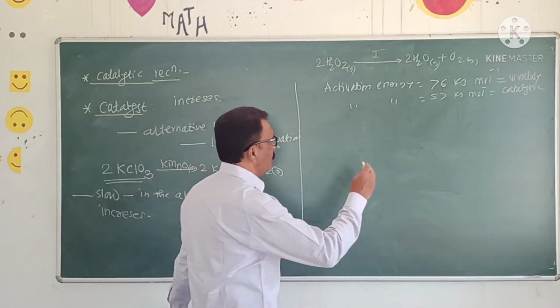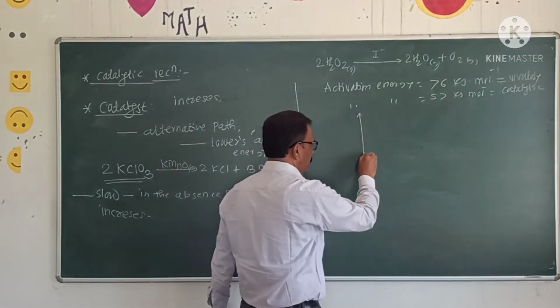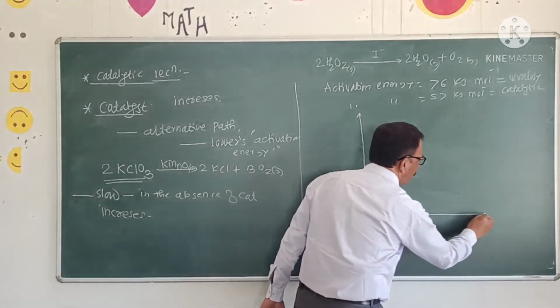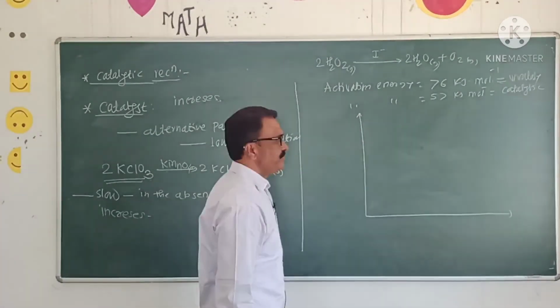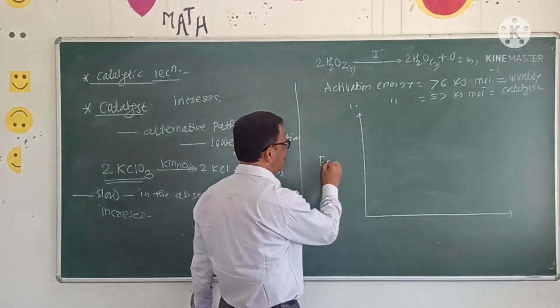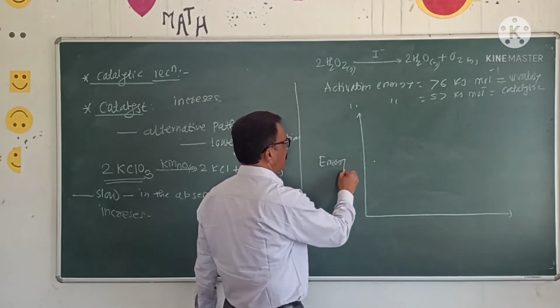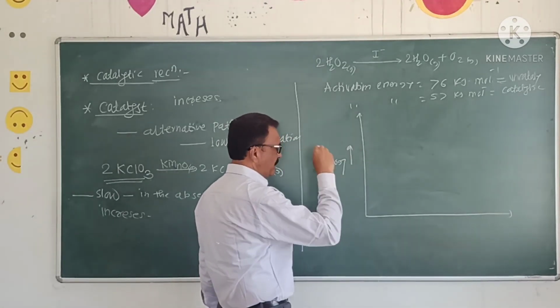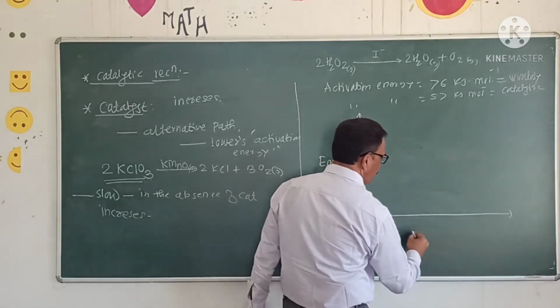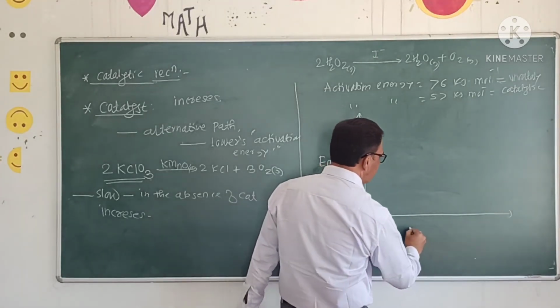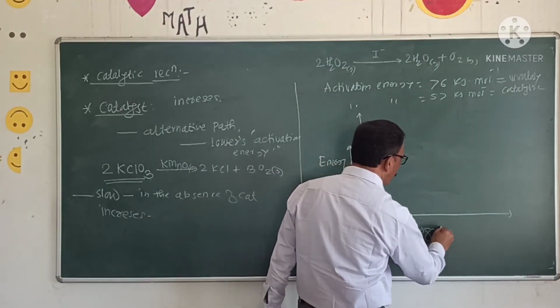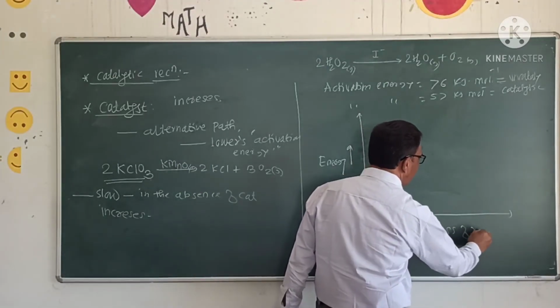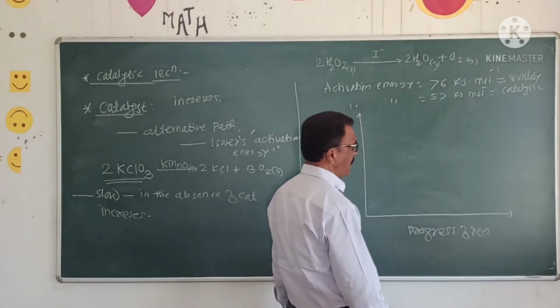Okay, we can show this with the help of a diagram. Suppose on the y-axis there is potential energy or energy, and on the x-axis the reaction coordinate, that is, the progress of the reaction.